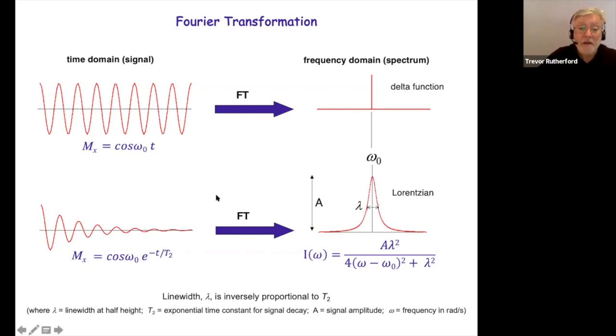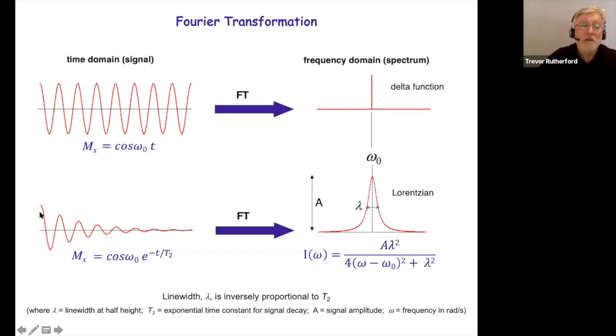Because as we go to high molecular weight, the efficiency of relaxation back to the equilibrium state increases. So for high molecular weight systems, large proteins, they relax extremely efficiently back to equilibrium. The lifetime of the signal is very short, and the line width goes up at the end.